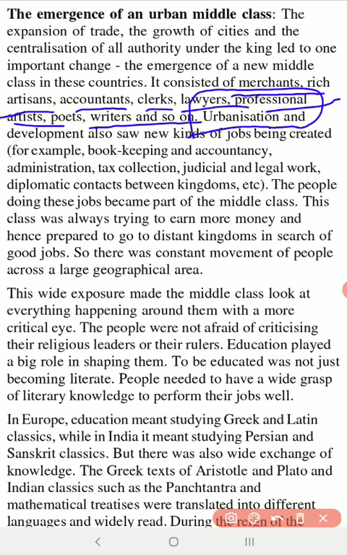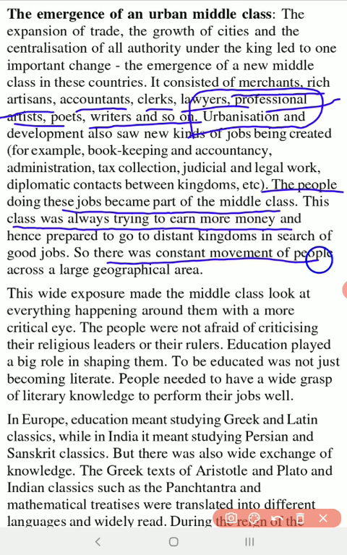Okay, so these people doing these jobs became part of the middle class, and this class was always trying to earn more money. Their main aim was to trade and earn more money. So there was a constant movement of these people across a large geographical area. They were moving from one place to another to set up their trade centers, their business centers, and so on.